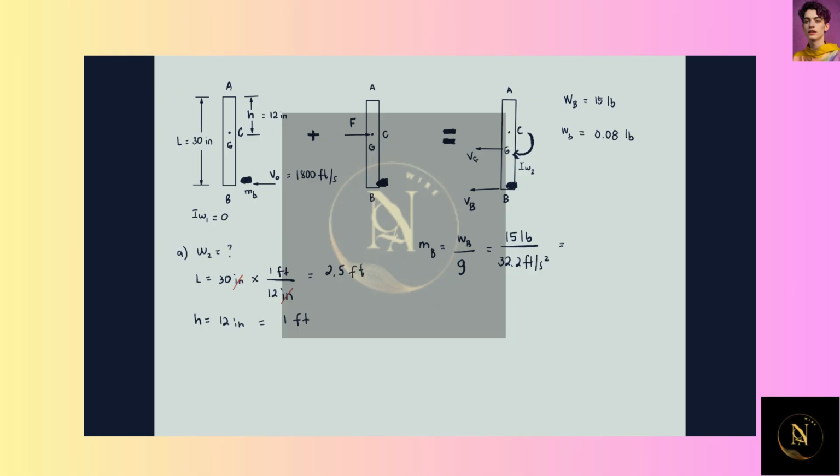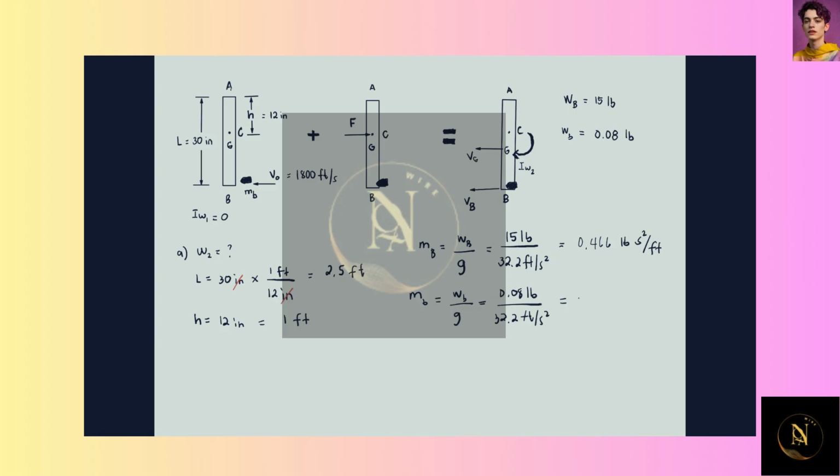So our m_B, or the mass of the bar, is 0.466 pound square second per feet. And then for the bullet, m small b, we have the weight of the bullet over g, so that would be 0.08 pound divided by 32.2 feet per second squared.